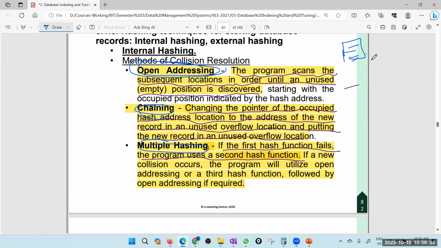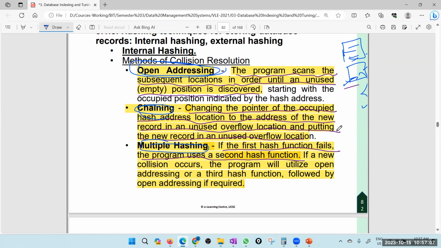So then you keep looking at the next block, next block, next block, and see whether it is empty. If you have empty space, you can put your record there. So that is called open addressing. The program scans the subsequent locations in order until an unused position is discovered. This can be done within the block also, or at the next block level.